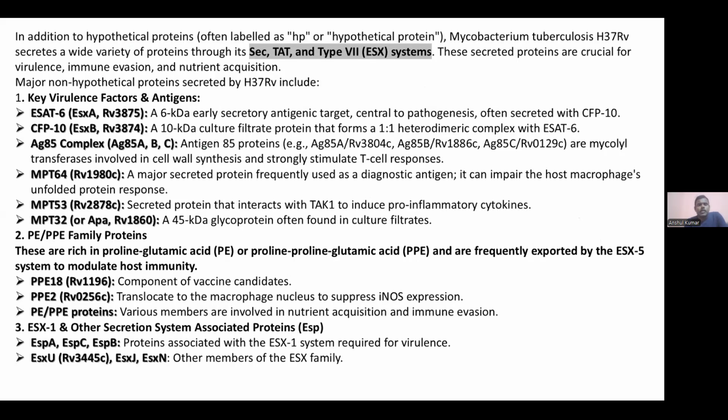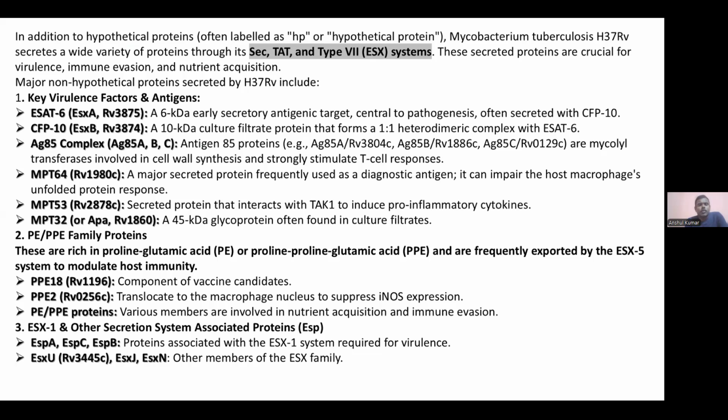So here, in addition to hypothetical proteins, which are often labeled as HP, Mycobacterium tuberculosis H37Rv secretes a wide variety of proteins through its Sec, Tat, and type 7 ESX systems. These secreted proteins are crucial for virulence, immune evasion, and nutrient acquisition.